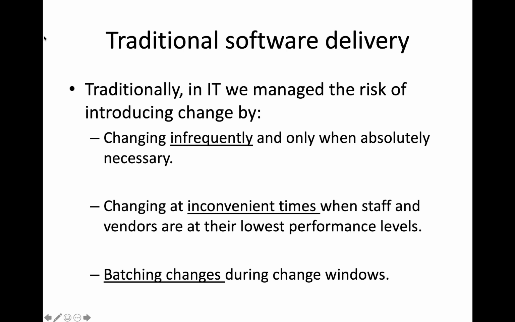Because, as a traditional software organization, you are changing your platform infrequently, over time you'll accumulate changes, because your developers are always working on changes. Change is inevitable. It's always occurring. When you decide to deploy changes to your software platform, you'll batch up a number of changes, so you'll have large batch sizes deployed all at once.